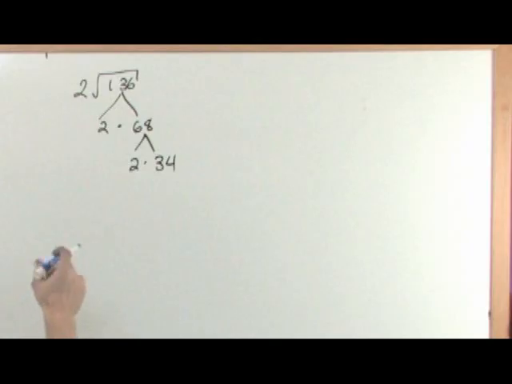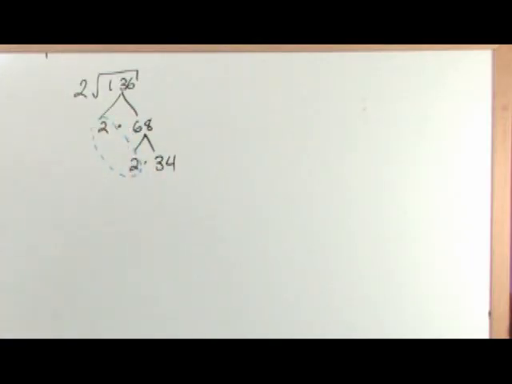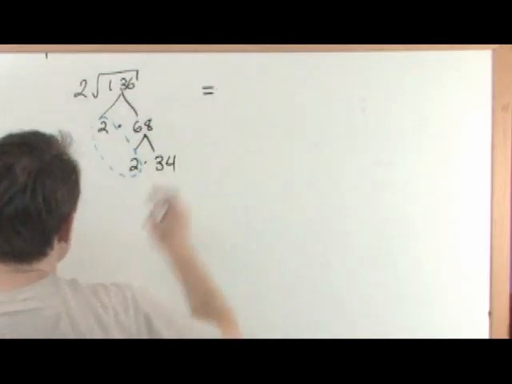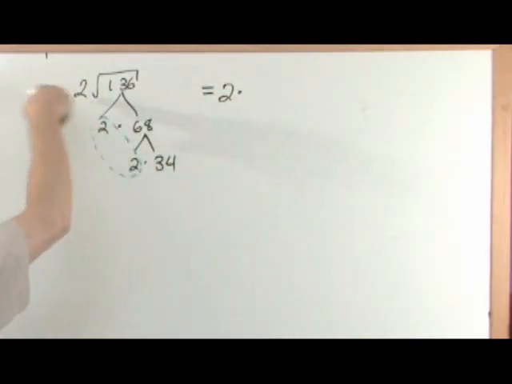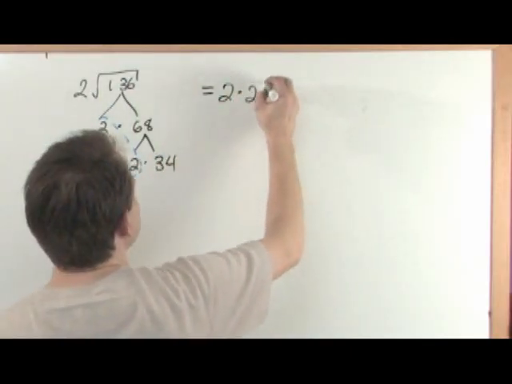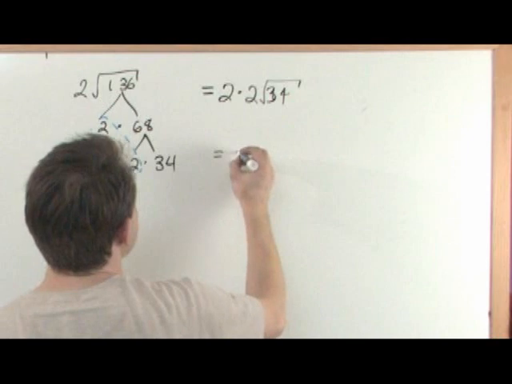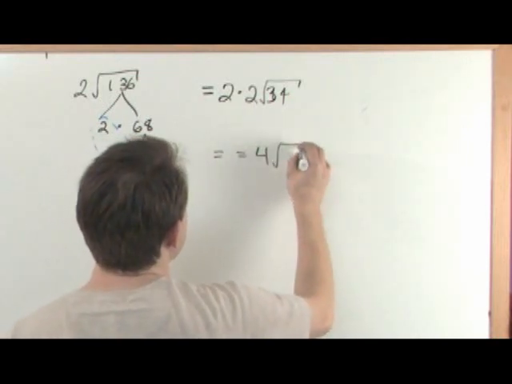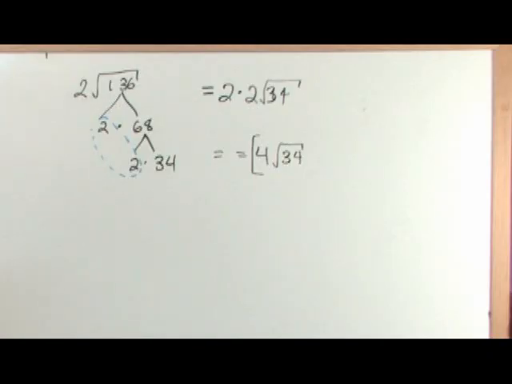When you're doing radicals, you all know that you're just looking for pairs, and we did find a pair of 2's. So this is equal to this 2 times this 2 that comes out of the radical, times the square root of 34. So the answer is 4 times the square root of 34. And that is the answer, 4 times the square root of 34.